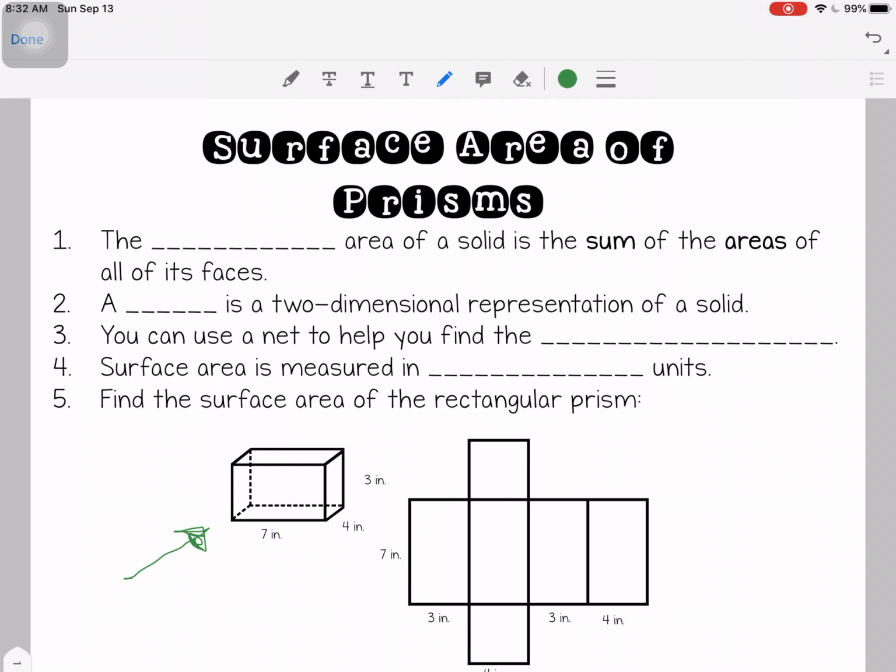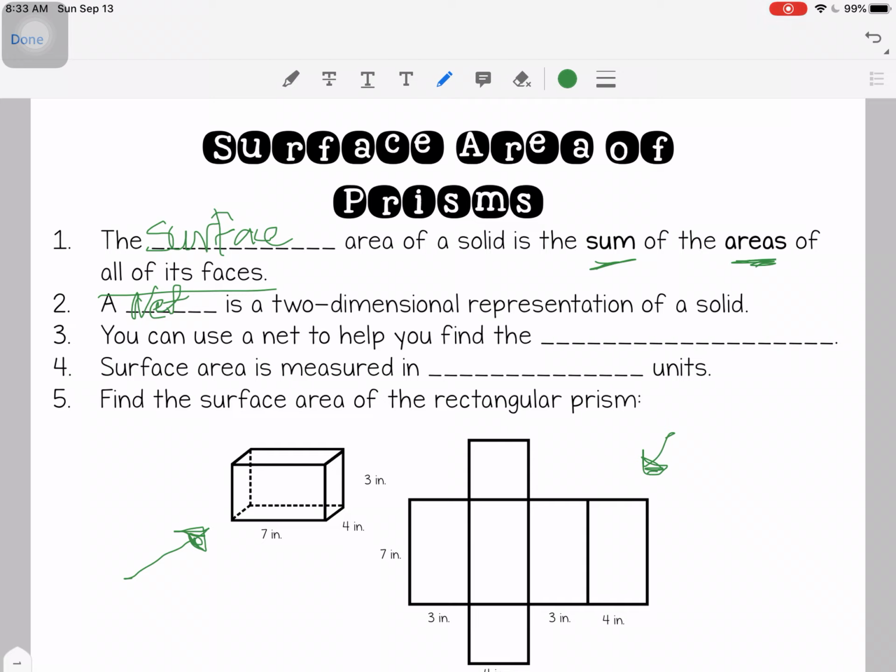Before we get started, let's talk about what surface area is. The surface area of a solid is the sum of the areas of all of its faces. A net, which is this, is a 2D representation of a solid.